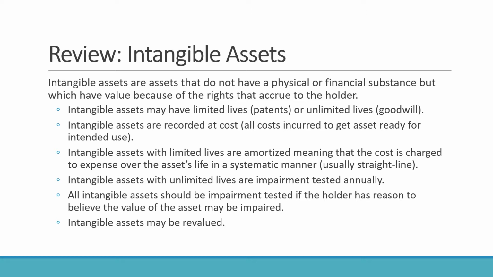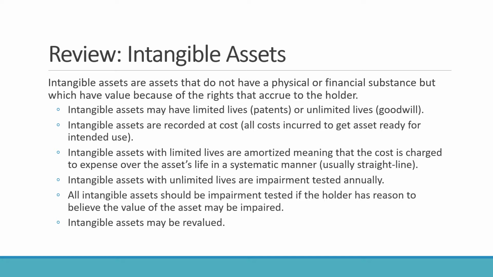Other intangible assets have unlimited lives, and if an intangible asset has an unlimited life, we're not going to be amortizing it, so IFRS requires that we impairment test it annually. The idea with impairment testing is that we want to make sure that the value of that asset has not fallen significantly below its cost, because if it has, we'll be overstating our assets if we just leave it sitting on our balance sheet at cost.